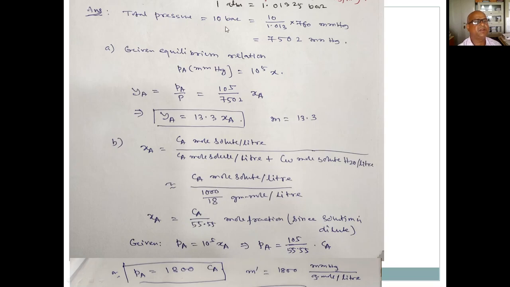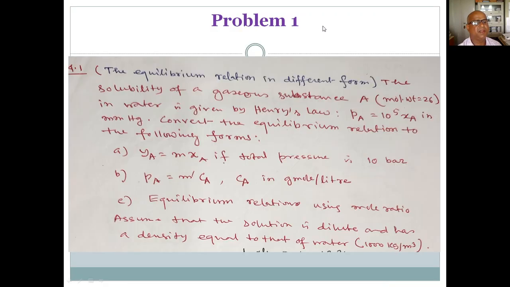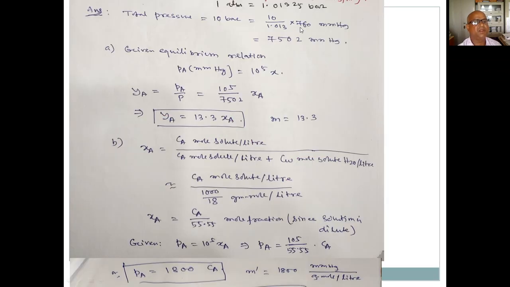So total pressure equals 10 bar, 10 bar equals 10 by 1.013 atmosphere, into 760 millimeter of mercury, because it is expressed in terms of millimeter of mercury. So I have to convert this in terms of millimeter. So that is 7520. Okay. So the equilibrium relation, what is given? PA, in millimeter mercury, equals 10 to the power 5 into XA.